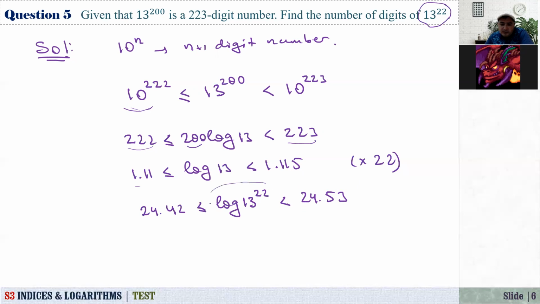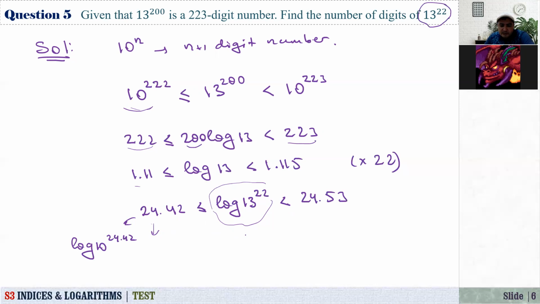So this number is between 10 to the power of 24.42 and 10 to the power of 24.53. I can write this as 10 to the power of 24, which is less than or equal to this number, because the 24 comes from log 10 to the power of 24.42.